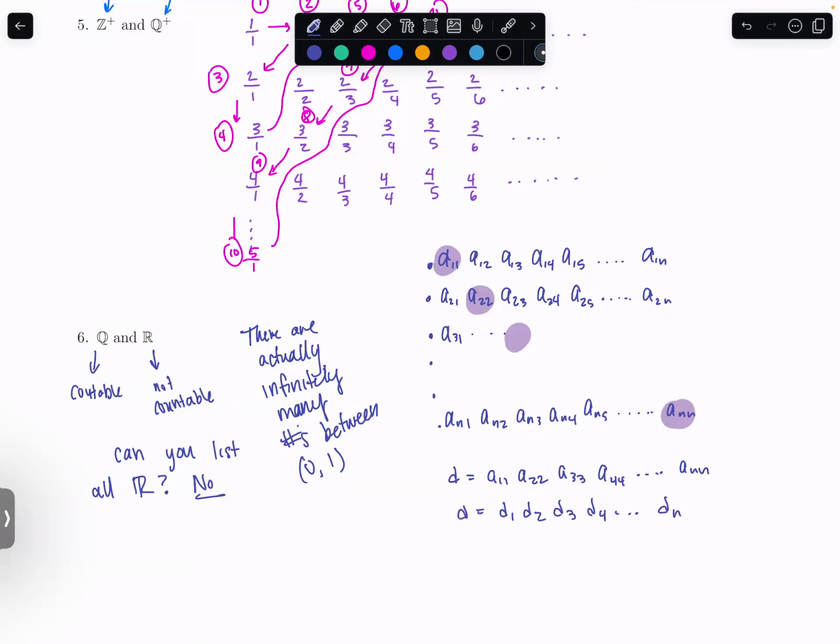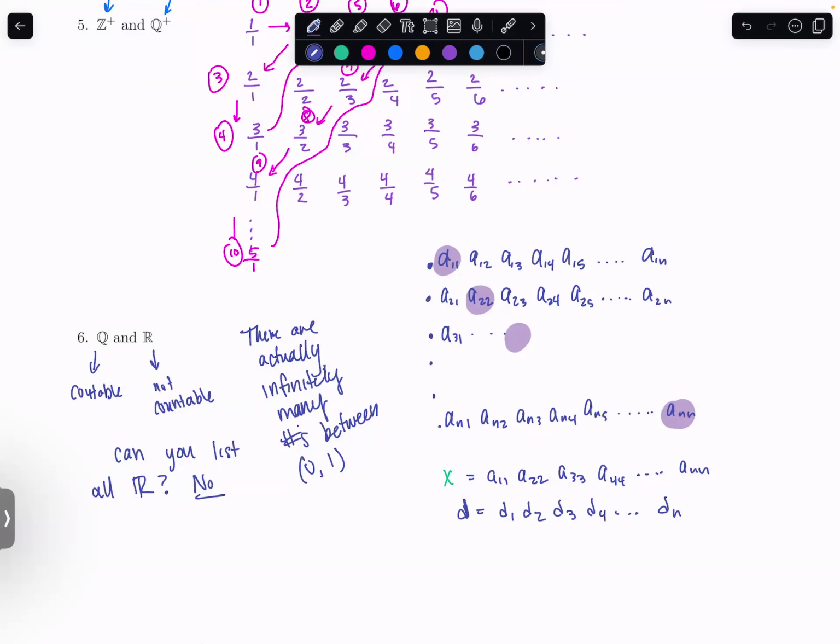So this is our number D. Let's call this guy X. Okay, so D is this diagonal number.